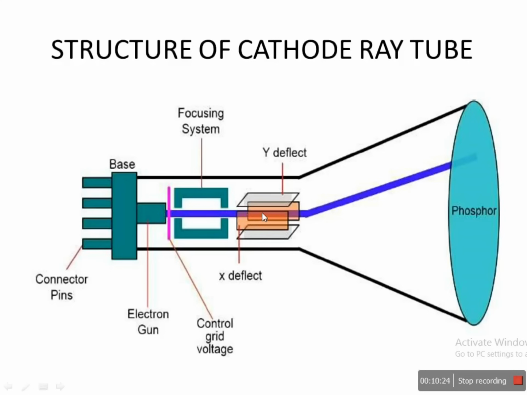They also help in positioning: Y deflection means where to position the beam on the Y axis, and X deflection where to position the cathode rays on the X axis. So basically these deflection plates provide that. And what is this control grid voltage? The control grid voltage supplied actually controls the brightness of the visuals.